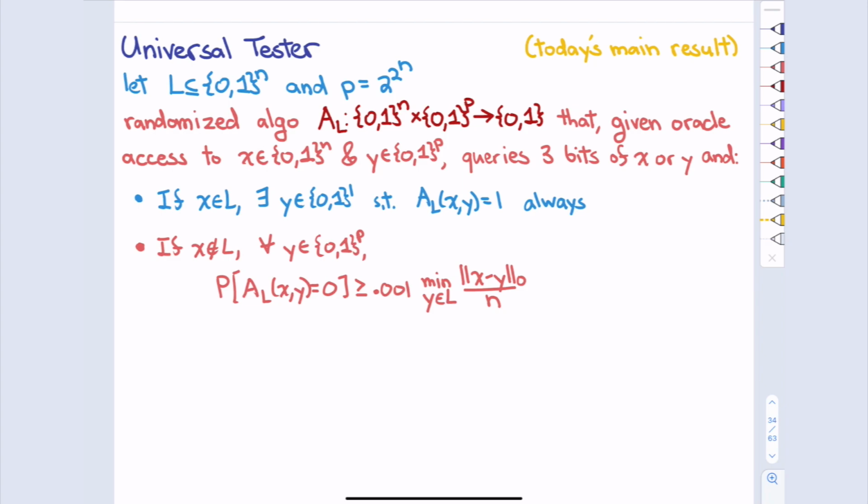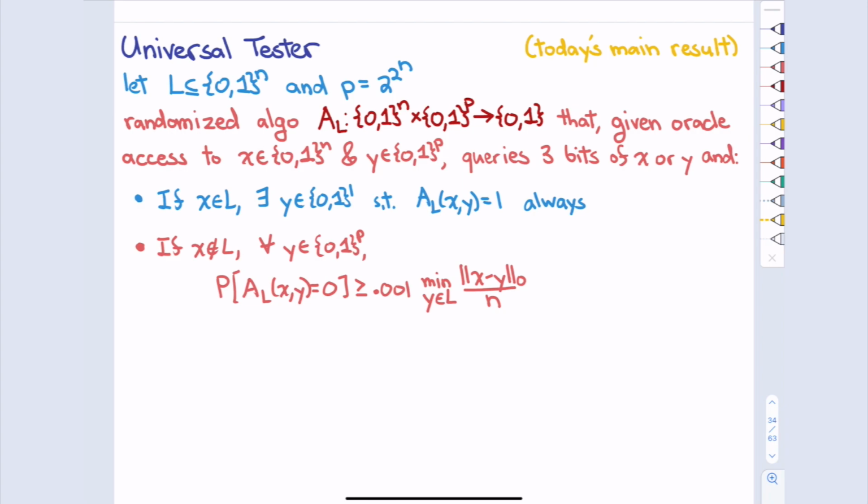So it says that there's some randomized algorithm, a testing algorithm. It takes as input an n-bit string x and a p-bit string y. We're going to think of the p-bit string as like a proof for x. So you're given access to x, which is your n-bit string, and y, which is your p-bit proof string, and it'll only query 3 bits of x or y.